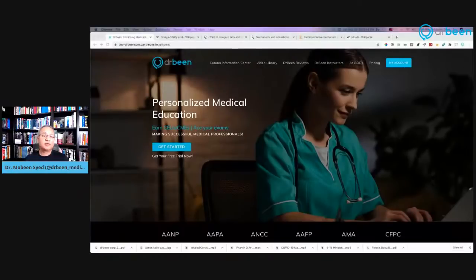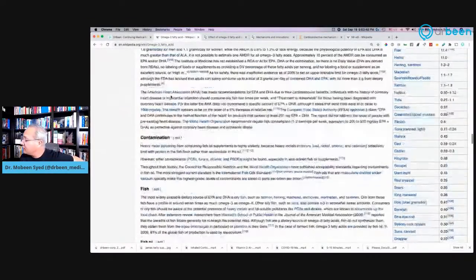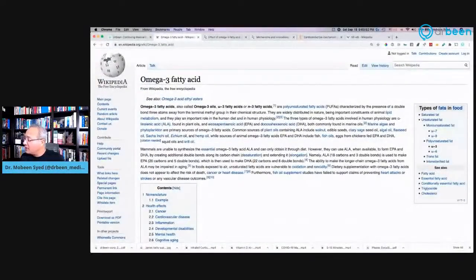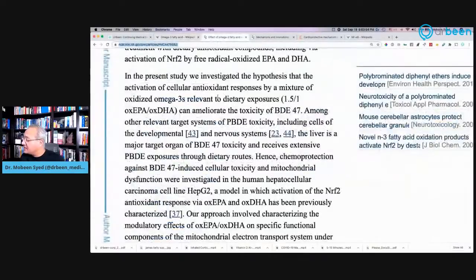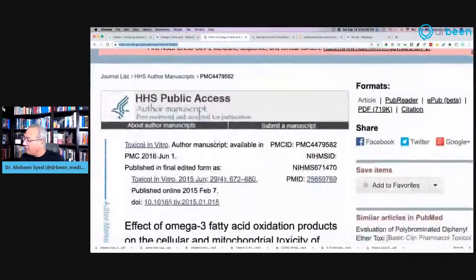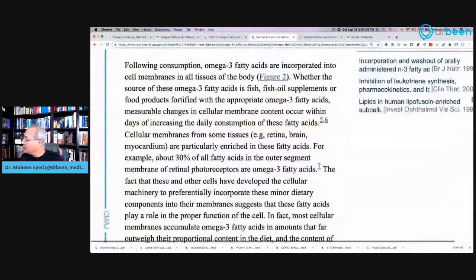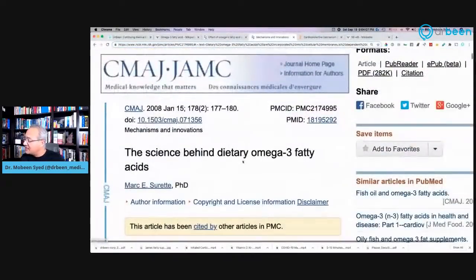Cool. So I'm going to share my screen and let's start. Right here at the top, there are some of the links that are present in the description. So this is on Wikipedia, what is omega-3s. Then this is the effect of omega-3 fatty acid oxidation products on cellular and mitochondrial toxicity. Then the mechanism of the science behind dietary omega-3 fatty acids.